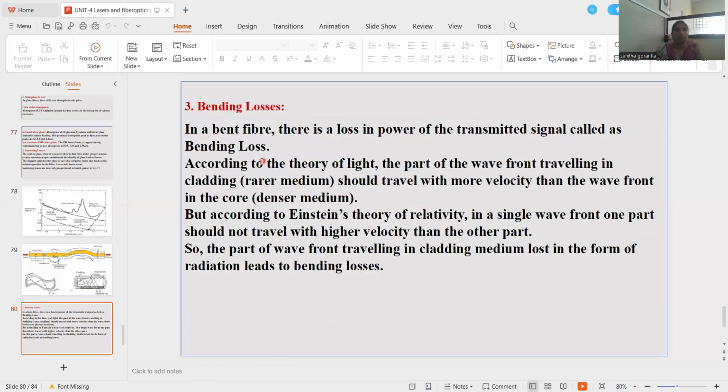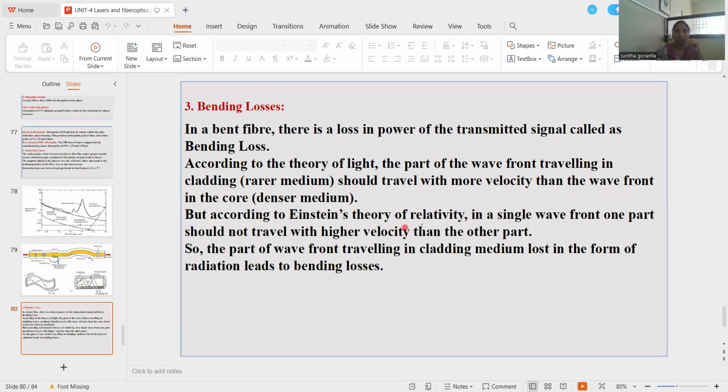Now the third one, bending losses. In a bent fiber, there is a loss in power of the transmitted signal called bending losses. According to the theory of light, the part of the wavefront traveling in the cladding, the rarer medium, should travel with more velocity than the wavefront in the core, the denser medium.